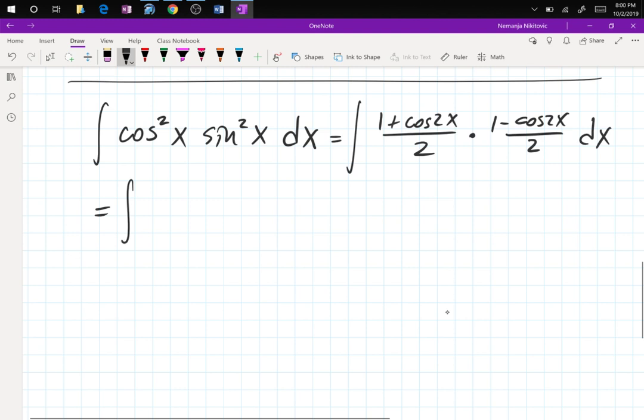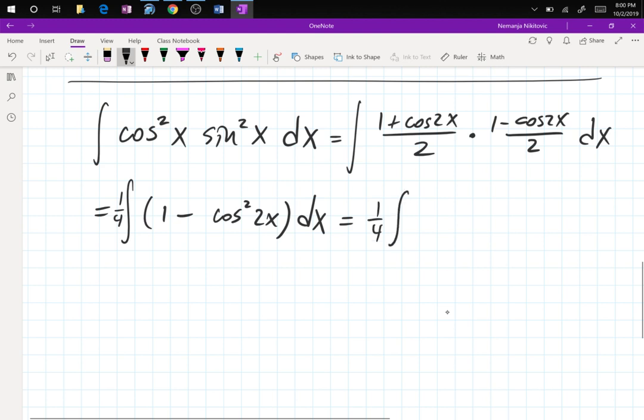When you multiply these, well, first you kick 1/4 outside because half times half is a quarter. And you have now a difference of squares, right? So you will have 1 minus cosine squared 2x dx, which is where you realize that you have to use the formula again, which is not a big deal.